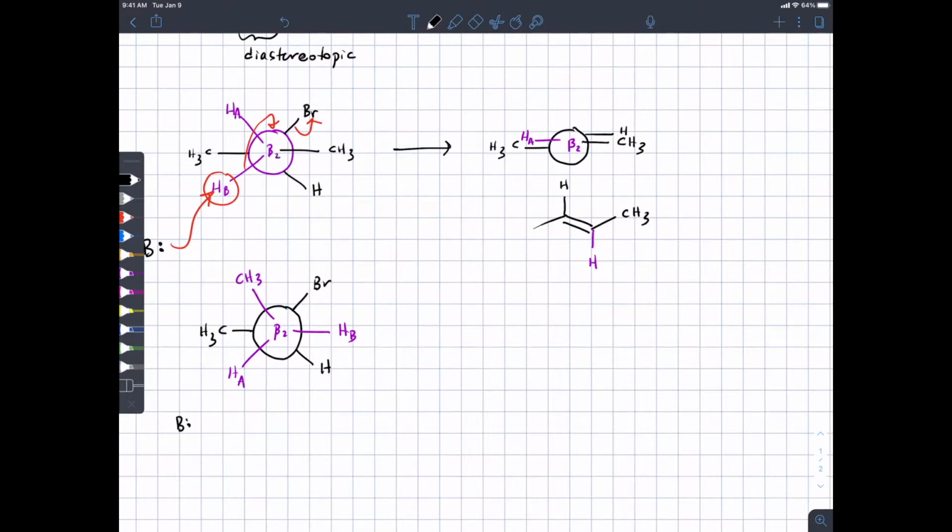So now a base can remove HA, which is anti to the leaving group. Again, we're forming that new pi bond between alpha carbon and beta 2, and the leaving group leaves. In the resulting alkene, the proton that's left over is HB. The methyl group on the front carbon is to our left, as is the methyl group on the back carbon. If we were to view this from above, we would now be looking at a cis alkene instead of a trans alkene.